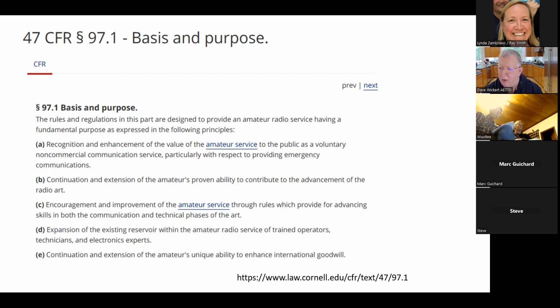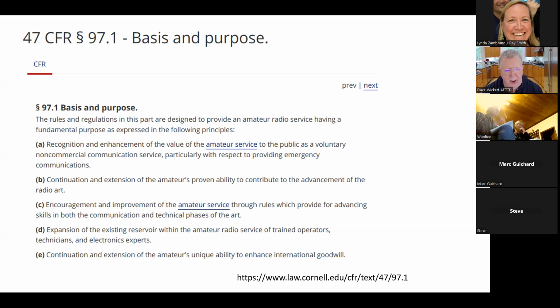If you wanted to look at land mobile, which is business band radios, you'd look at Part 90. So each of the different services has different parts that the FCC has allocated. And the FCC in Part 97.1 lays out 5 reasons for why they've established amateur radio as a separate radio service in the United States.